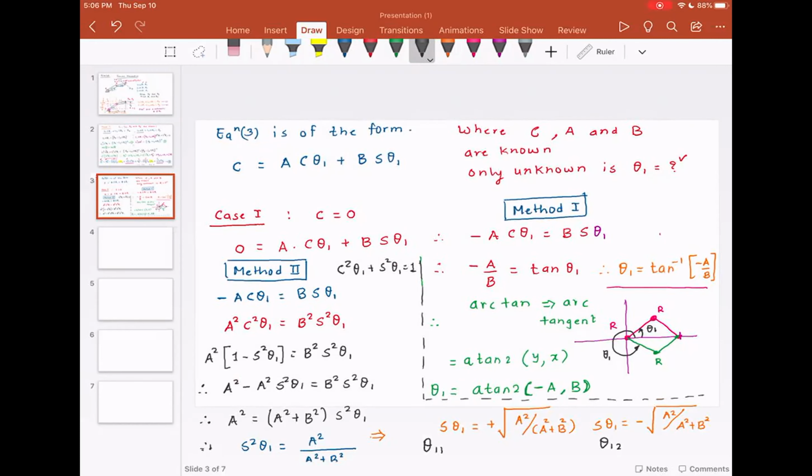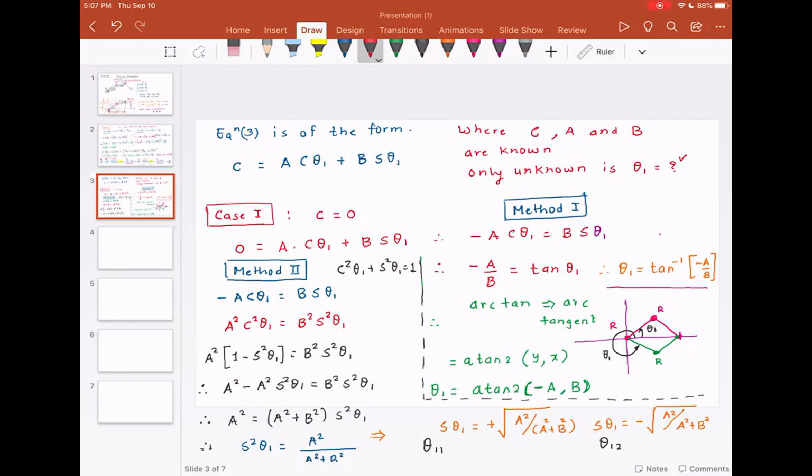Everybody understood this? So these are two methods to solve this equation. But again, please note, this is case 1. There is one more case, and that is actually important.